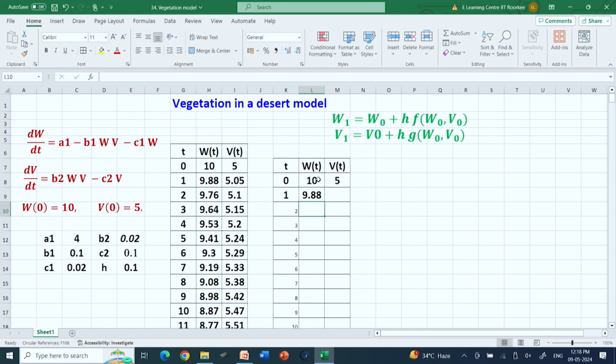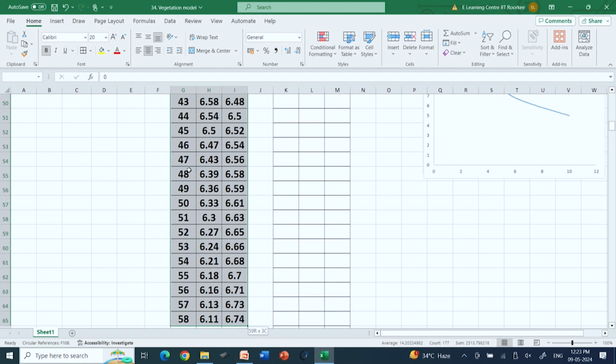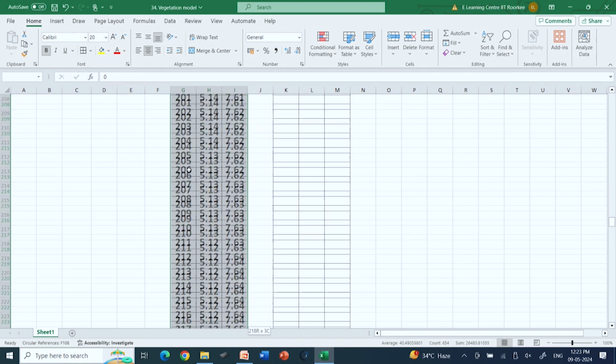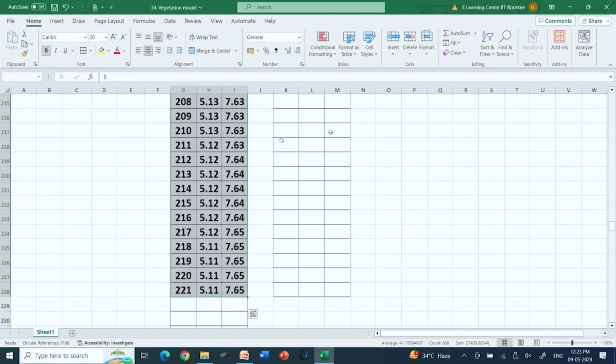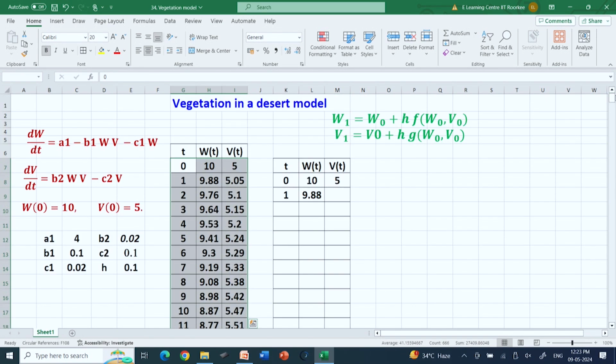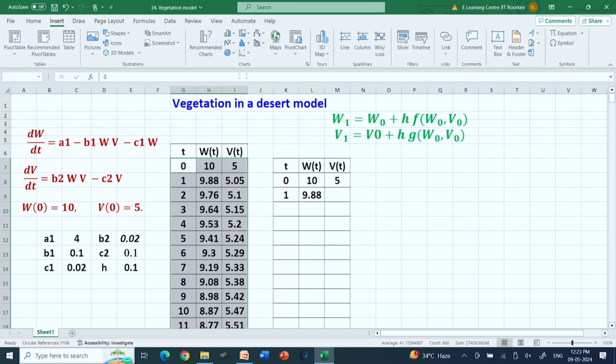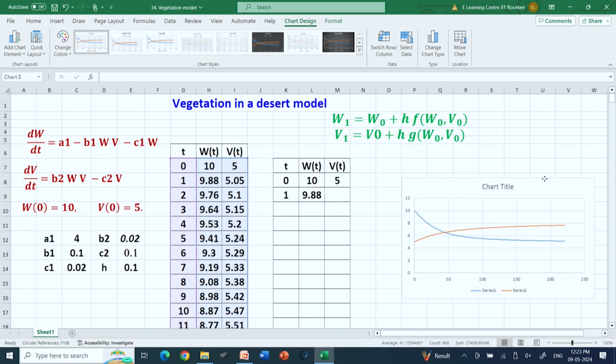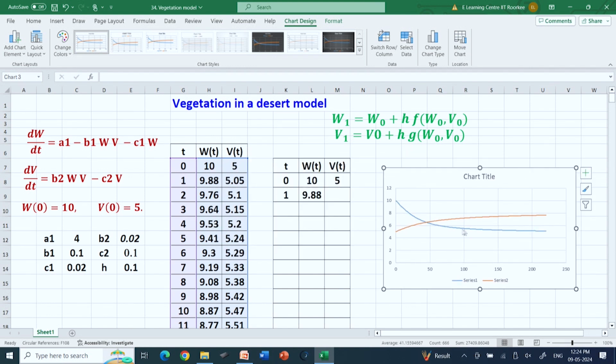And enter. In a similar manner, you can calculate this Vt, and I already have this table here. So, I am going to plot this. You highlight them till the calculated values, go to insert, chart, and this one. So, this is for the water and this is for the vegetation.